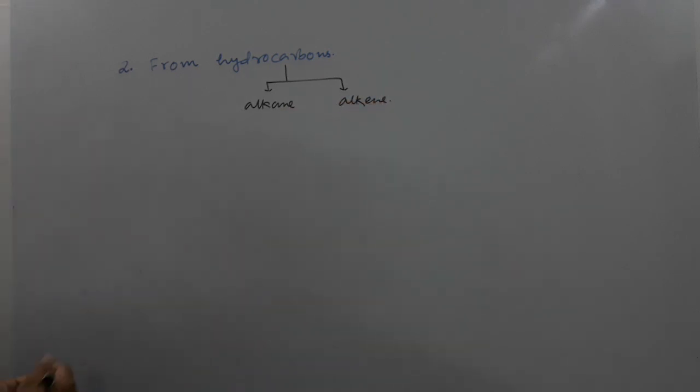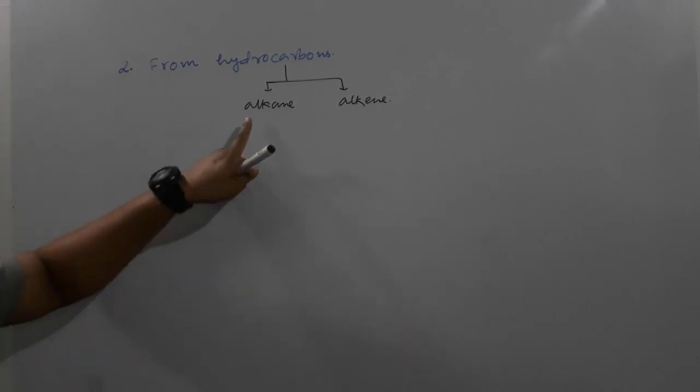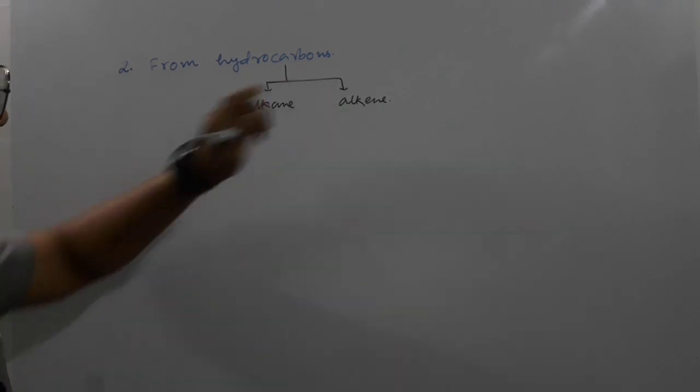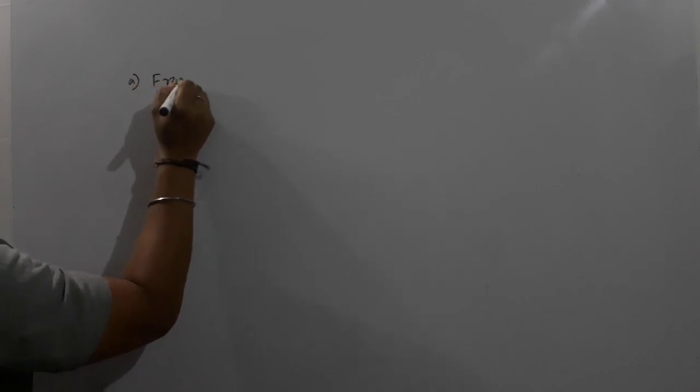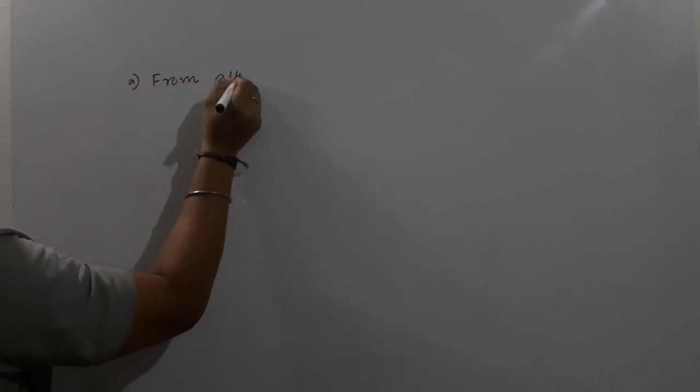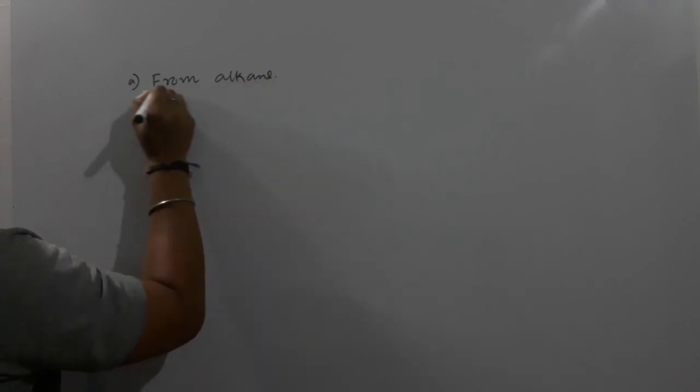From both hydrocarbons we will prepare haloalkane. So let's start first with alkane. So from hydrocarbon, number A, we will write from alkane.